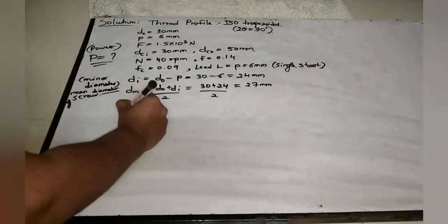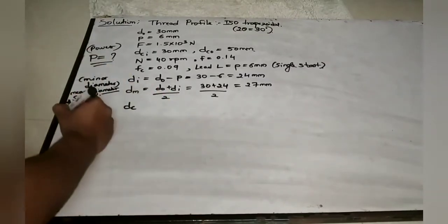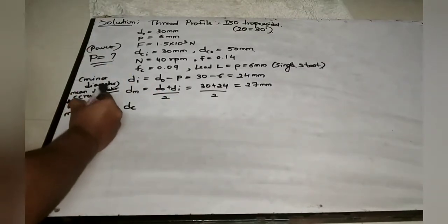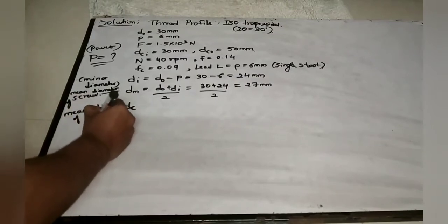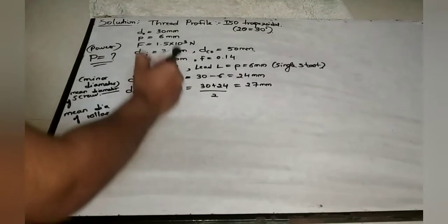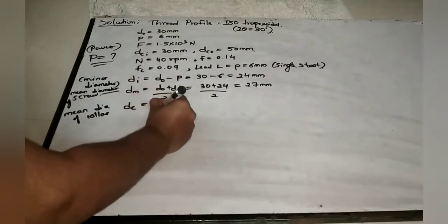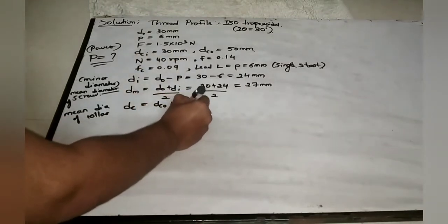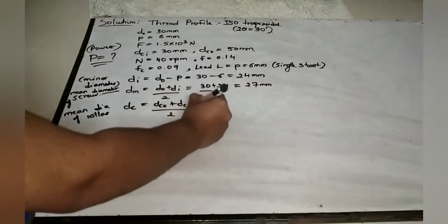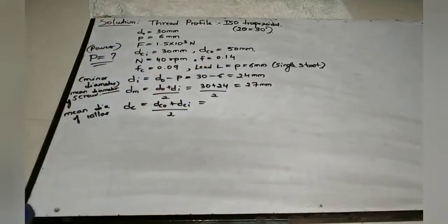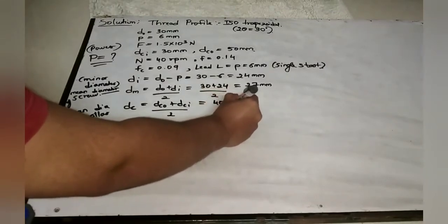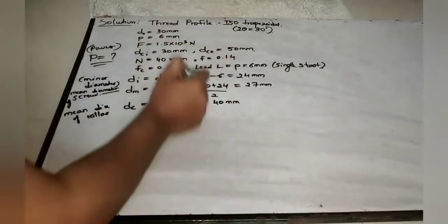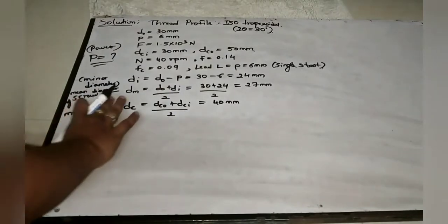Now DCM or DC is nothing but the mean diameter of a collar. So what is that? Outer diameter of a collar plus inner diameter of a collar divided by 2. 30 plus 50 divided by 2, that is 40 mm. So now we have got all the data.